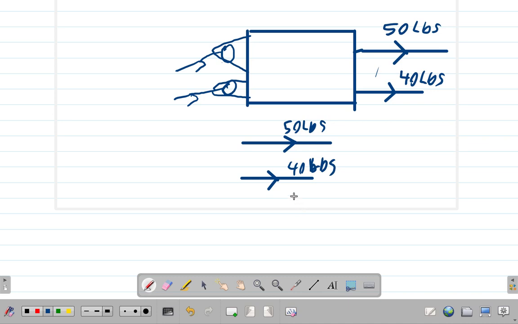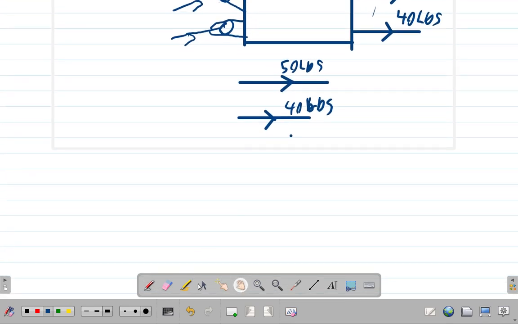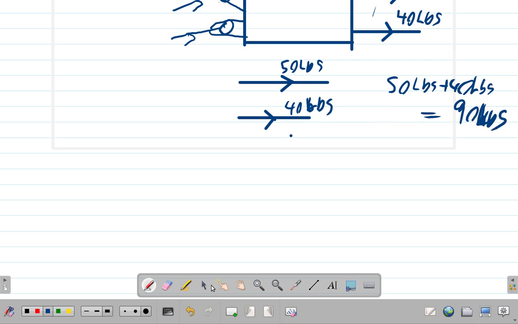What you must do now is this. To get the total force, you must add the vectors. You could add it this way and say 50 pounds plus 40 pounds is equal to 90 pounds. But to show what you did, you must show the vectors.